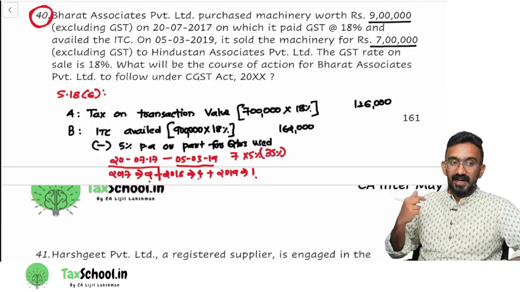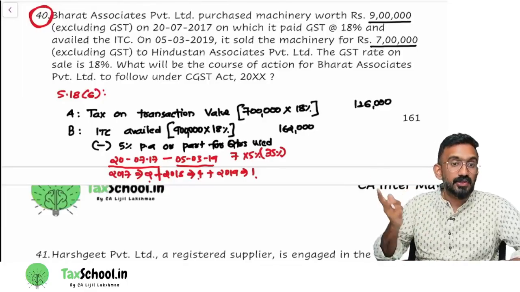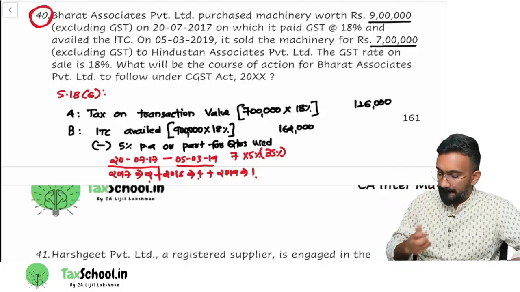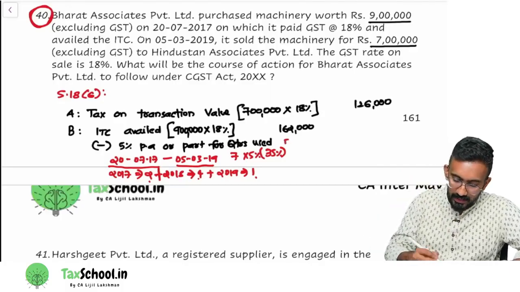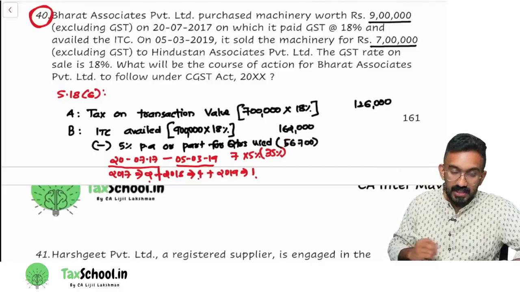So whatever ITC I have taken, I should reduce what is eligible for me, and then balance I have to compare with tax on transaction value, and higher needs to be reversed. It is 56,700. This I have to reduce.